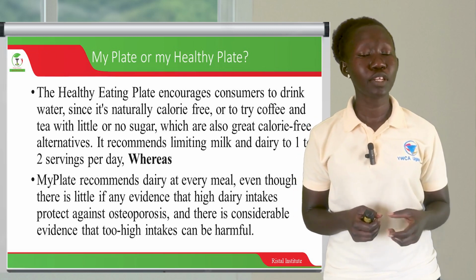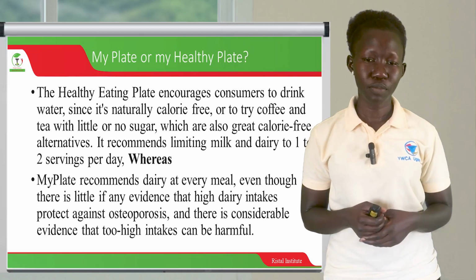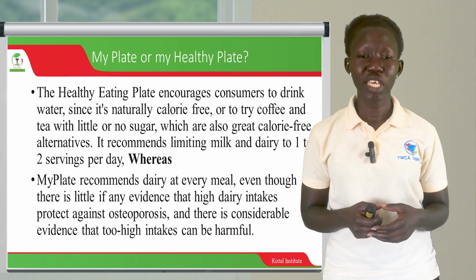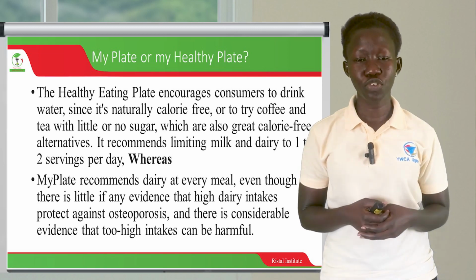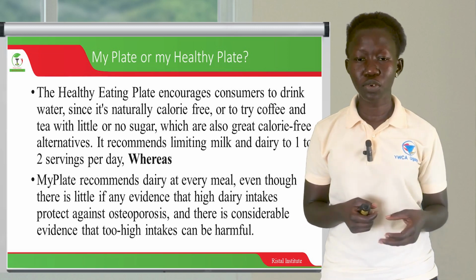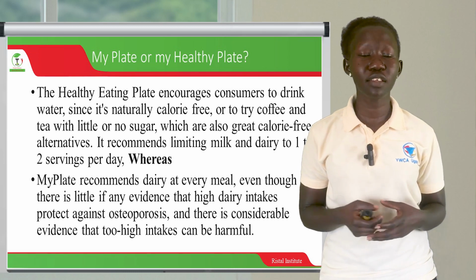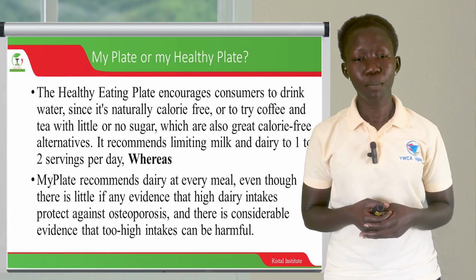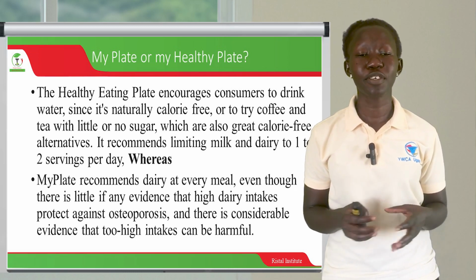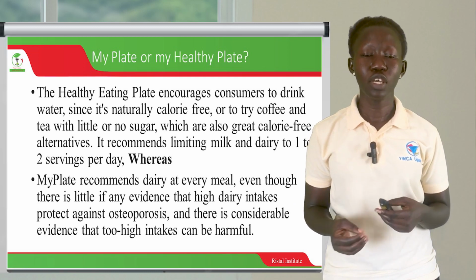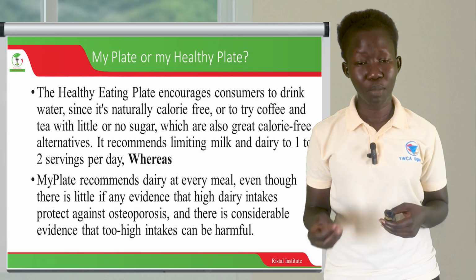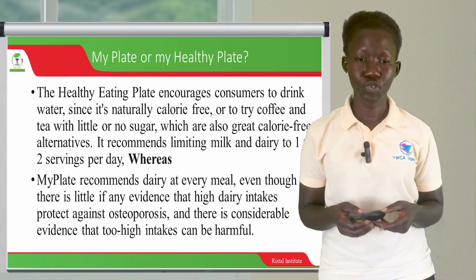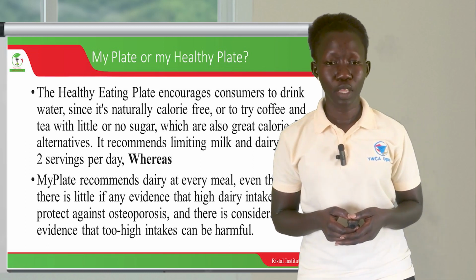Whereas the My Plate recommends dairy at every meal, even though there is little, if any, evidence that high dairy intakes protect against osteoporosis. And there is also considerable evidence that too high intakes can be harmful. But still, the My Plate did not specify. It recommended that you take at least a glass of dairy per meal, which is also not very healthy.